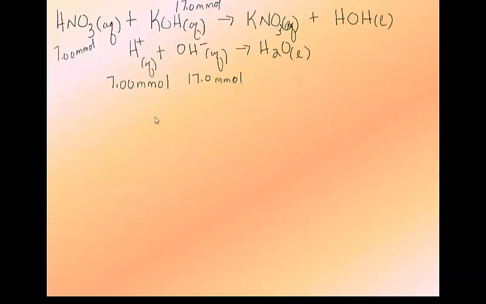If I do my limiting excess problem, and I'm going to write it out even though you should be able to see it visually, from the net ionic equation, it's a 1-to-1 ratio.